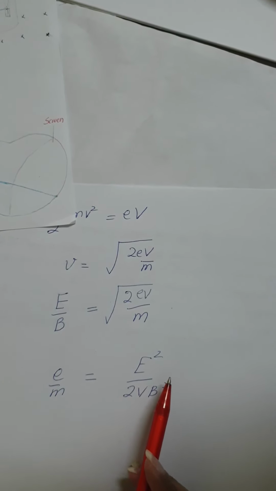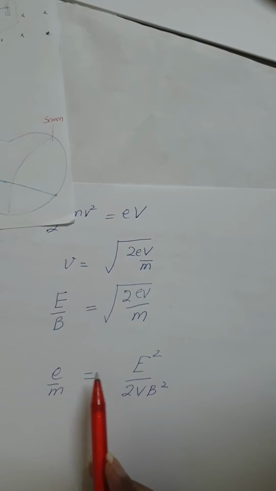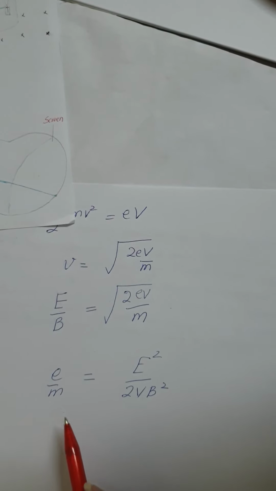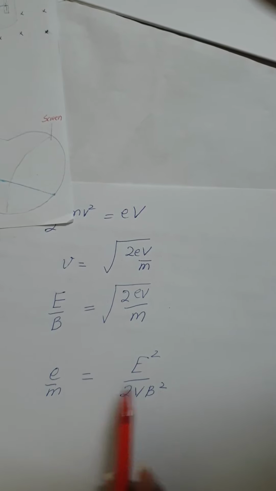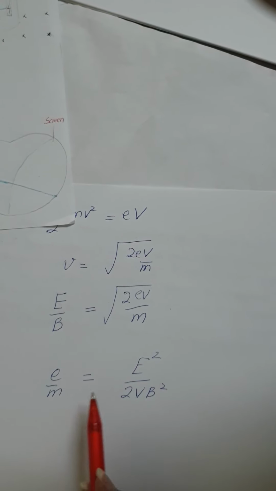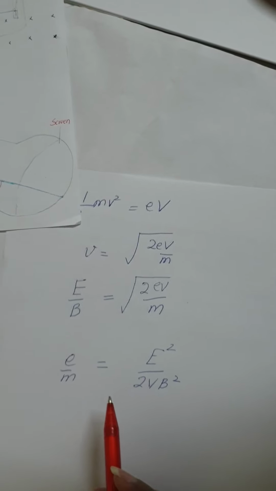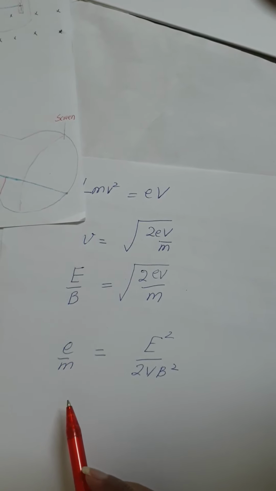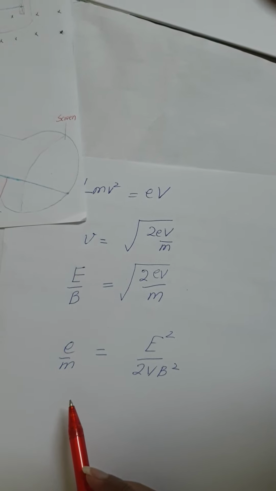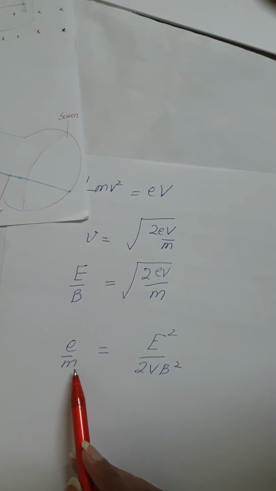So the ratio e by m of charge to mass can be determined, and it is not possible to measure e or m separately by using this method, only their ratio. The significant aspect of Thomson's experiment was that he found a single value for this quantity.